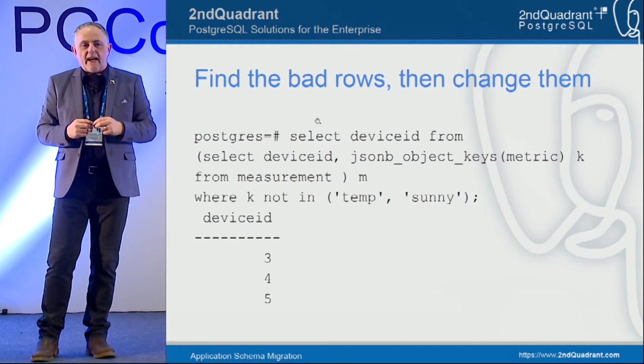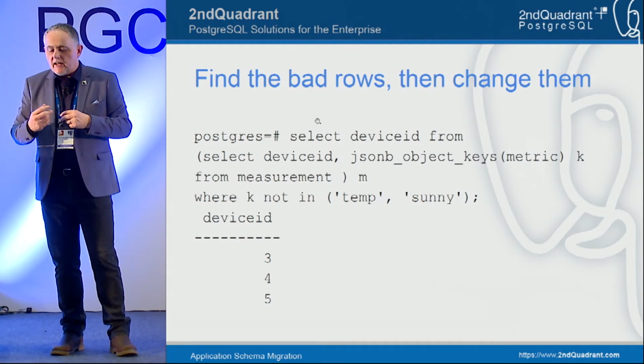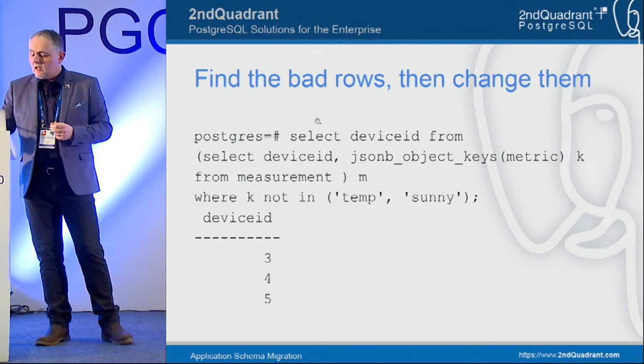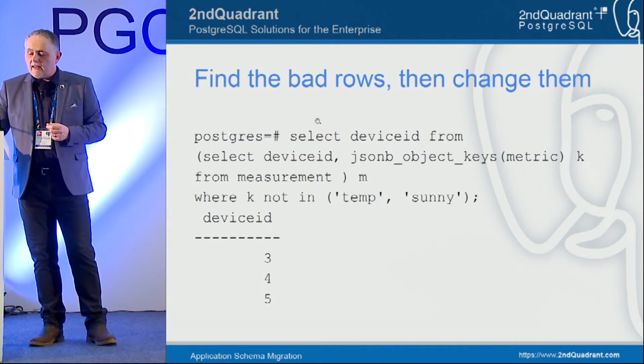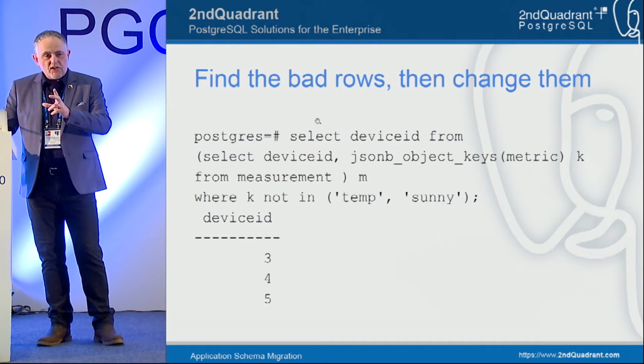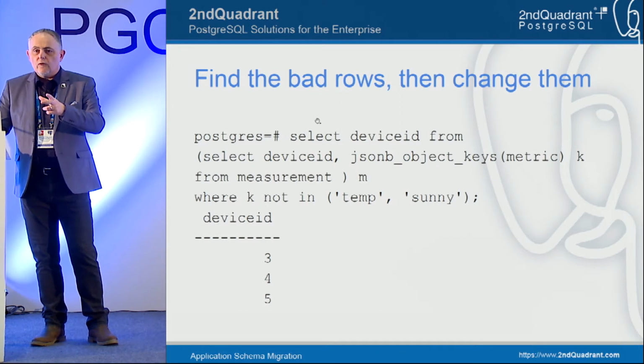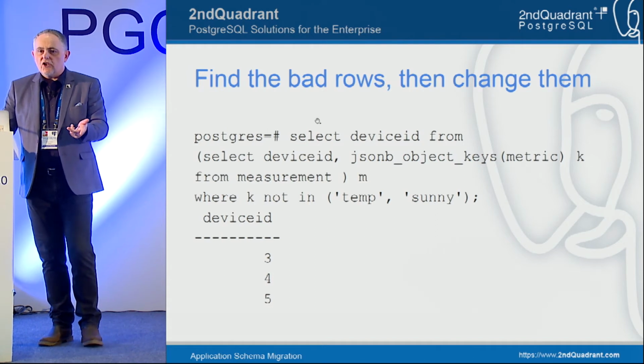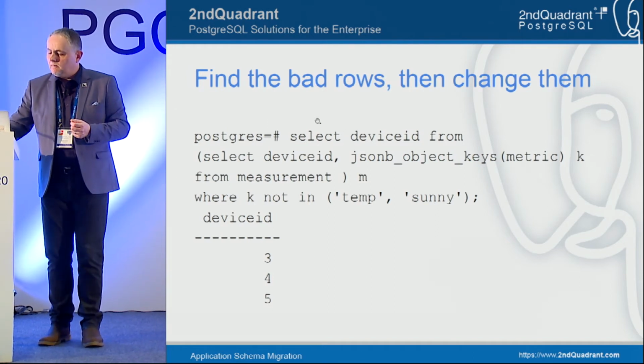I can bring out the data that doesn't have those values, so not in the list of key values that I want. So this is a technique you can use for finding irregularities in your JSON schemas.